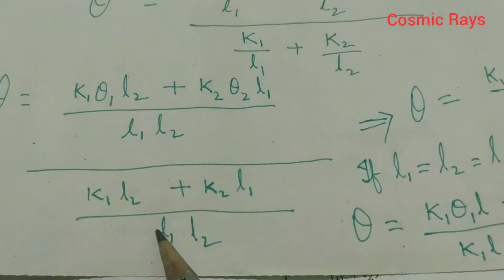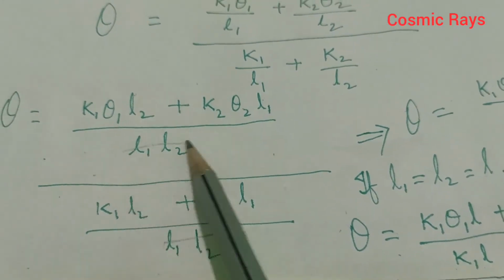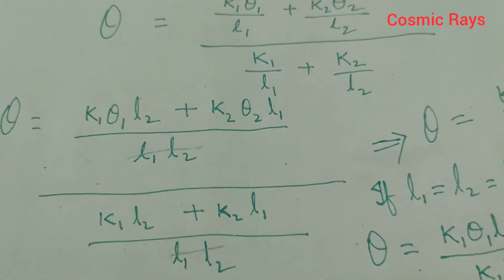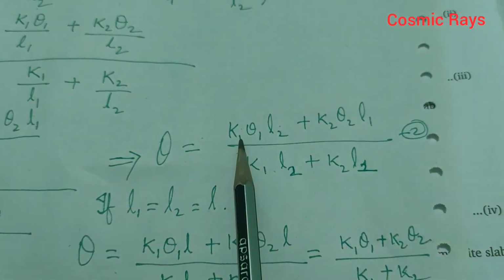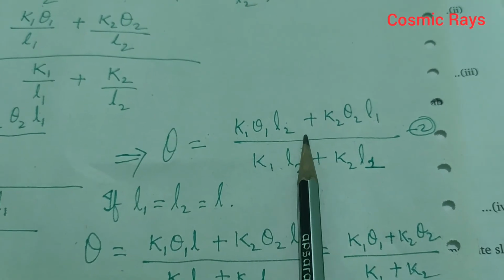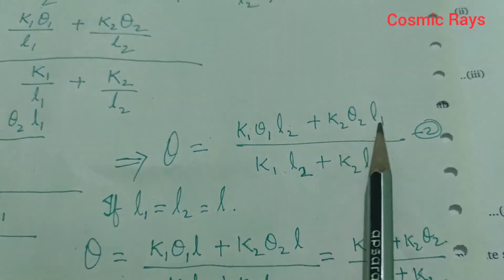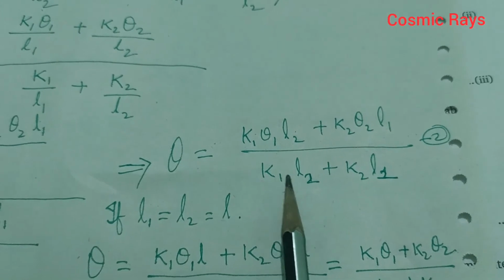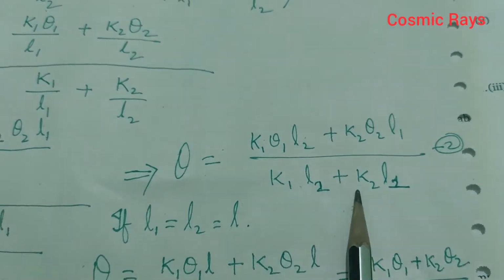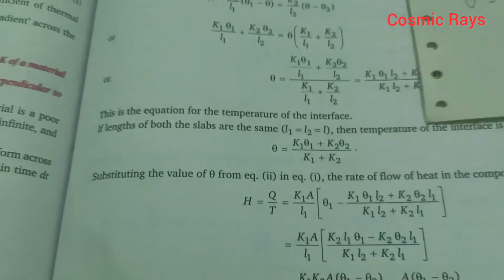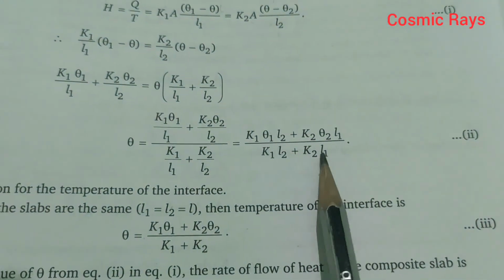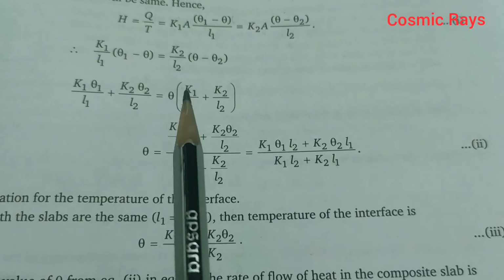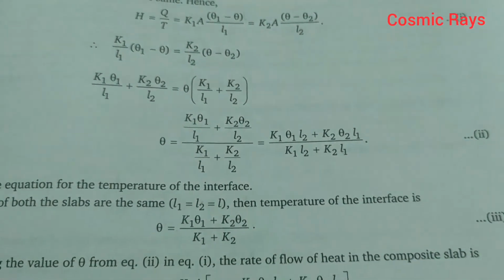Now this L1 L2 and this L1 L2 cancel out, and we have theta equal to K1 theta 1 L2 plus K2 theta 2 L1 upon K1 L2 plus K2 L1. This is your equation 2 in the textbook. They have jumped a few steps, which I have shown you on that page.